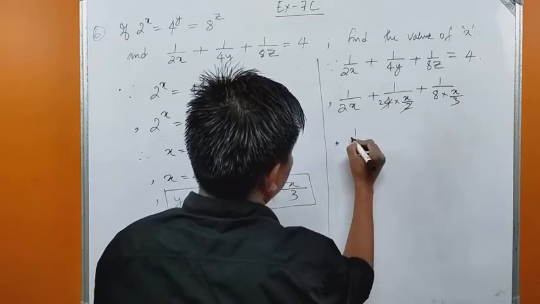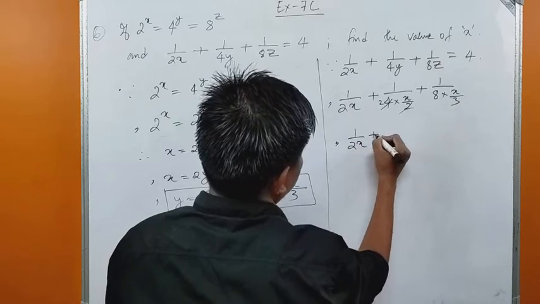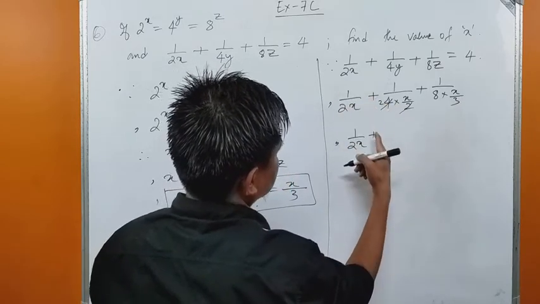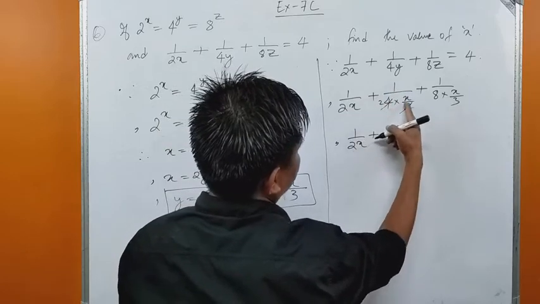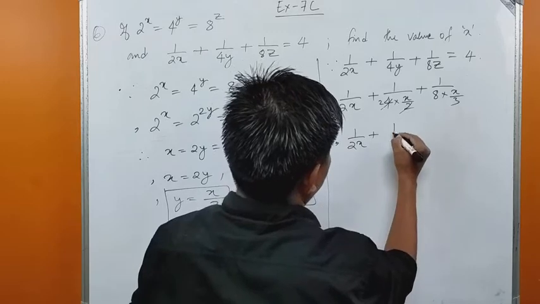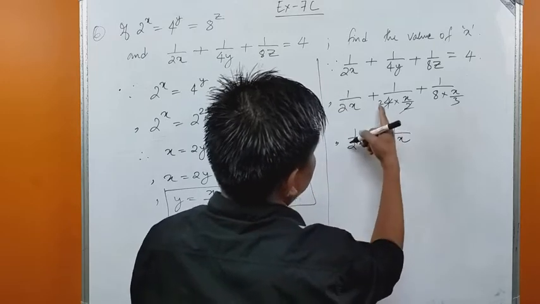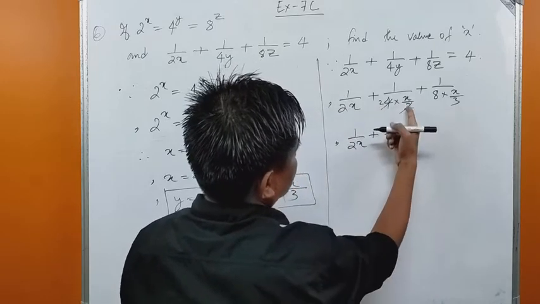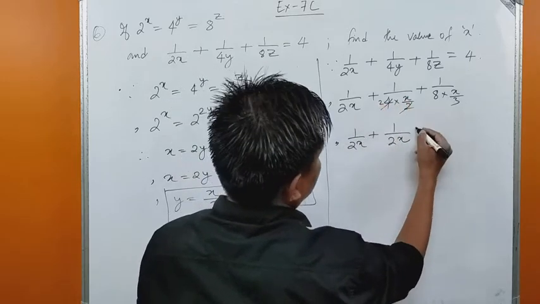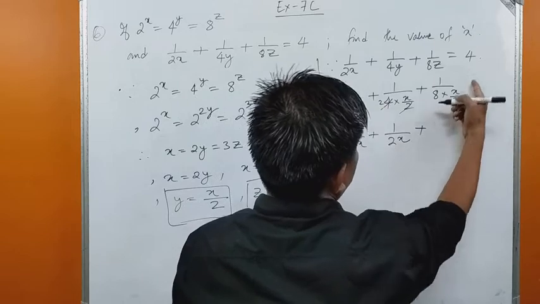Now 2 1s are 2, 2 2s are 4, so this becomes 1 by 2x plus 1 by 2 into x, which is 2x. Plus, this 3 goes to the numerator.